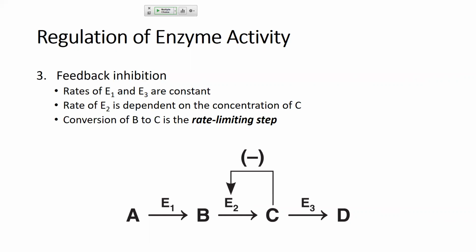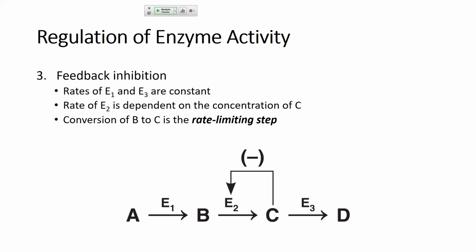Now, the step where substrate B is converted to product C is called the regulated, or rate limiting, step. Does anyone know why we want to call that step the rate limiting step? Does anyone know what the rate limiting step means?